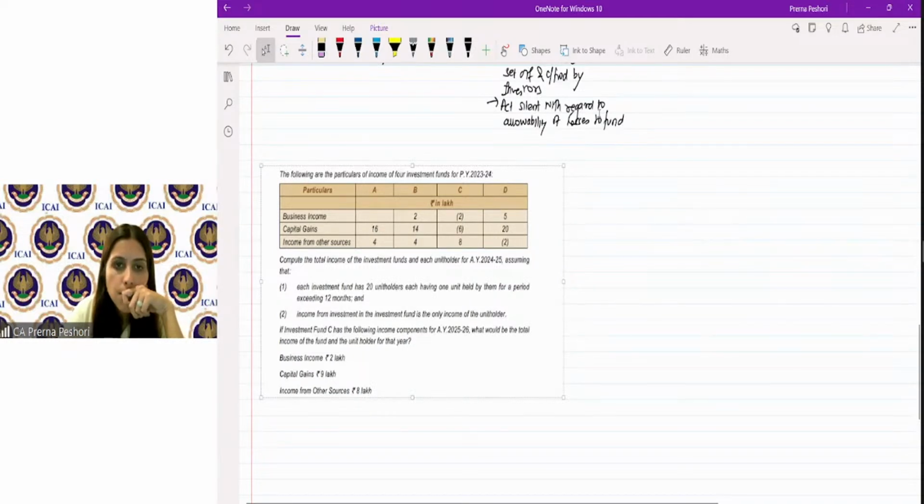Yes, students. What shall be the income of fund A?